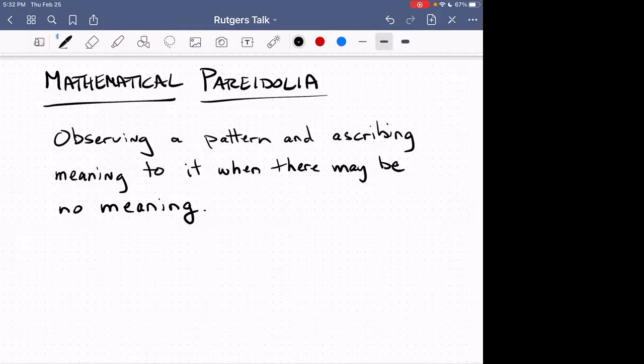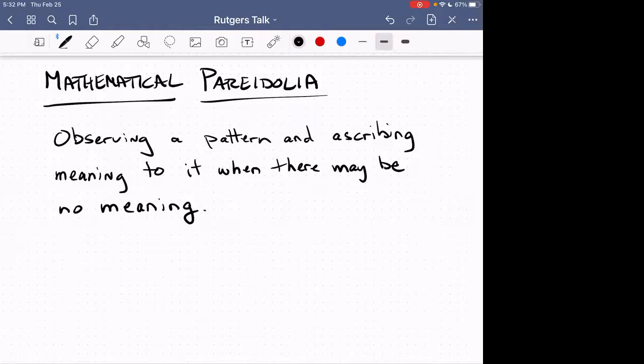So if we're putting these things together, what we're looking at is, I know from Ramsey theory that if I have big enough things, certain structures have to occur. Ascribing a meaning to it, like for example, the Bible code did, would be what I call mathematical pareidolia. You see it, yes, it occurs, but that doesn't mean it means something.